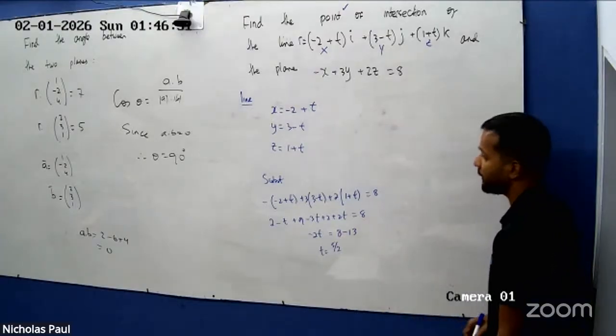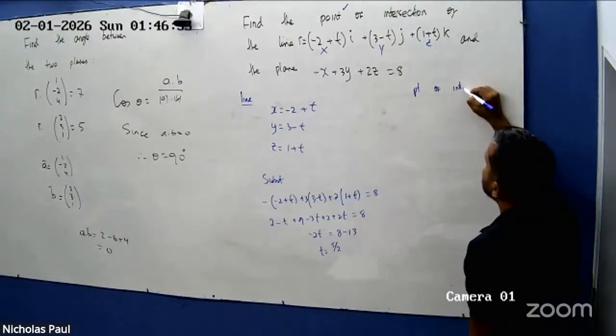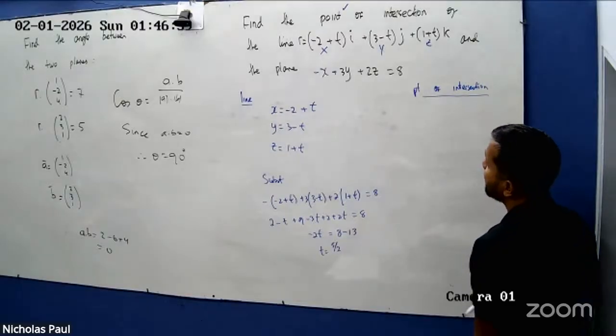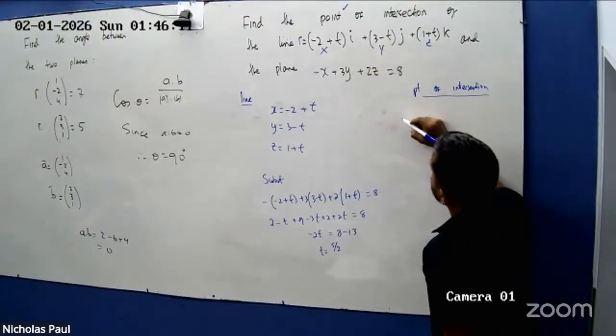So now they want the point of intersection, right? To get the point of intersection, we have to plug in t here.